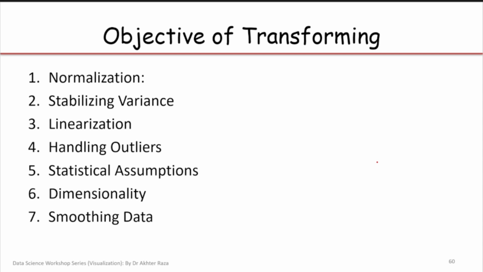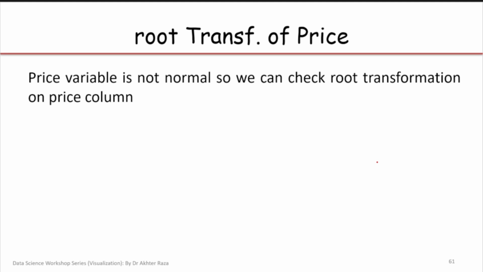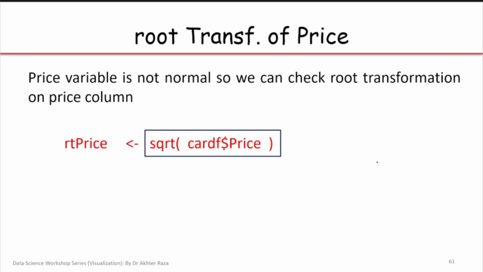Then I will apply the logarithmic transformation and check again which one is suitable on the price variable. This is done by a very simple command, the sqrt function. Sqrt of what? Prices. So nothing is new here.